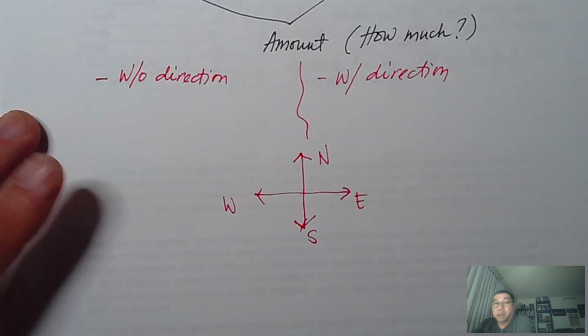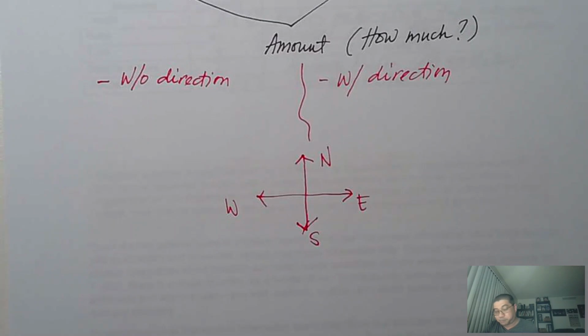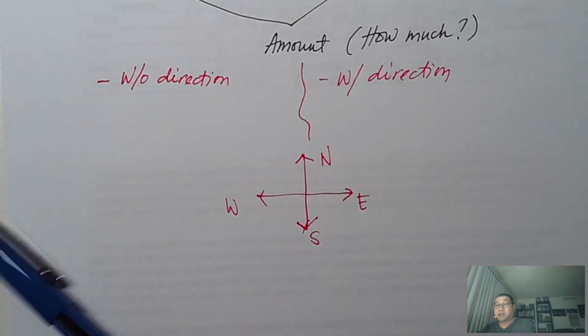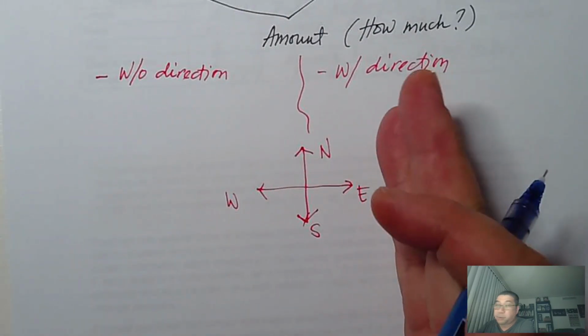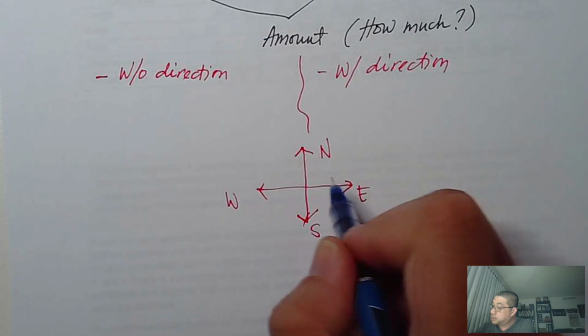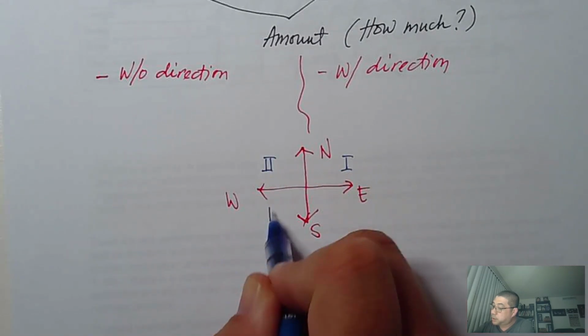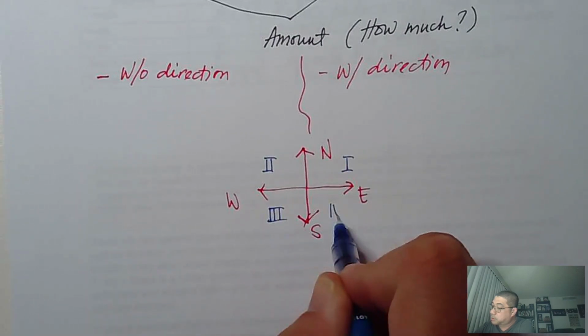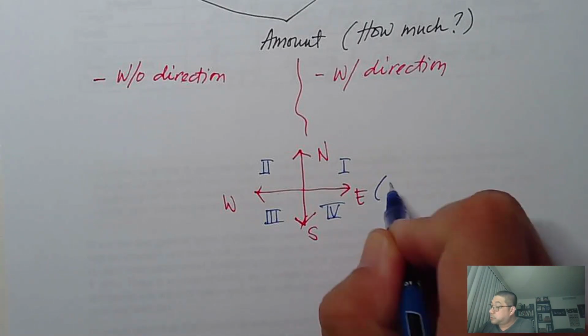Now, in math class, we add some numbers. So what is the angle when it's on the right side? This is quadrant 1, this is quadrant 2, this is quadrant 3, and quadrant 4. And usually it starts with 0 degrees.